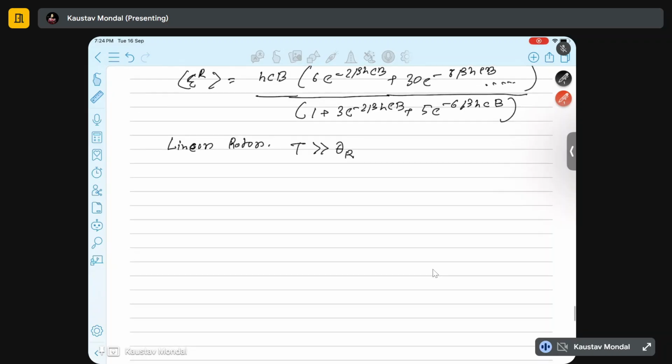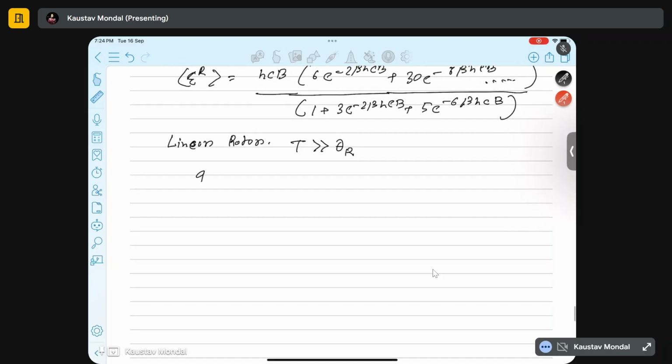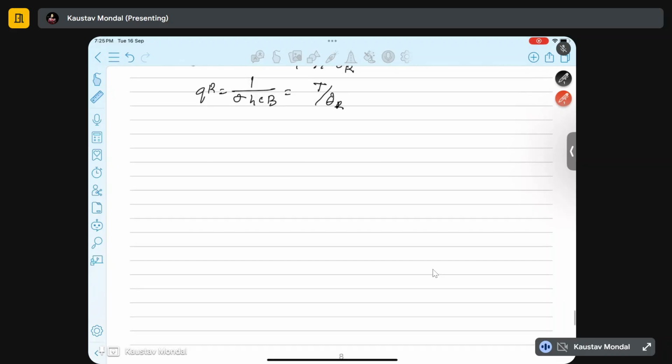For that case, we already know QR is 1 by sigma hcB beta, or you can write simply as T by theta, where theta is the rotational temperature.